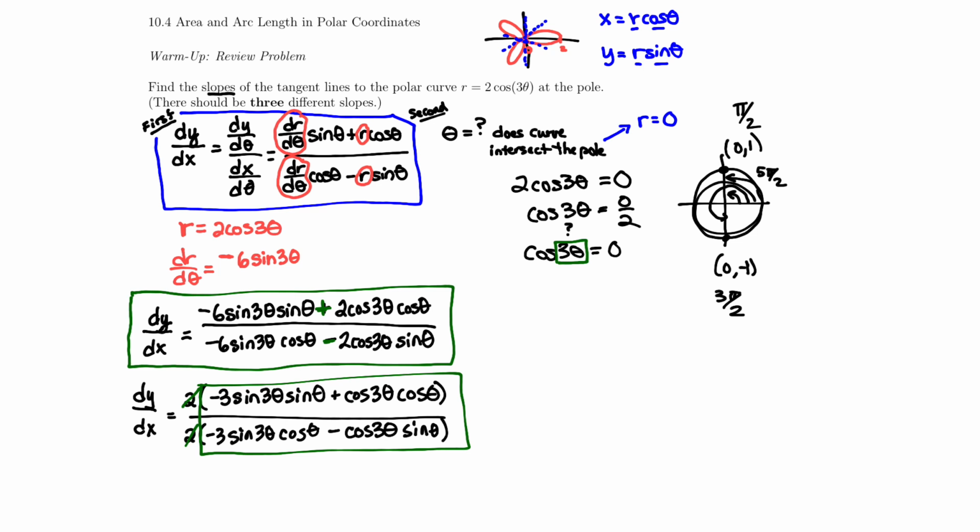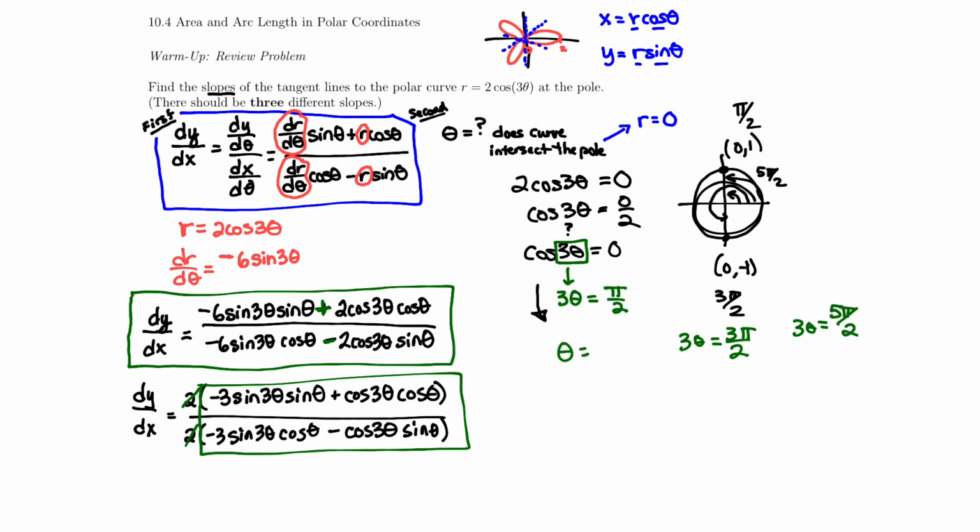And so actually, that's not the angle we want because we have 3 theta. So really, 3 theta has to equal pi over 2, 3 theta has to equal 3 pi over 2, and 3 theta would have to equal 5 pi over 2.